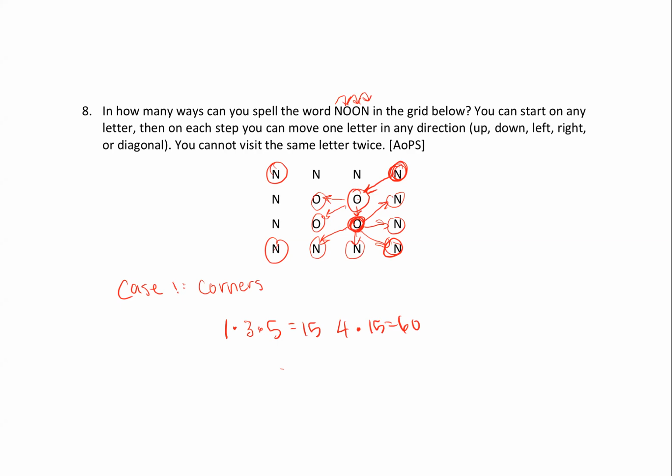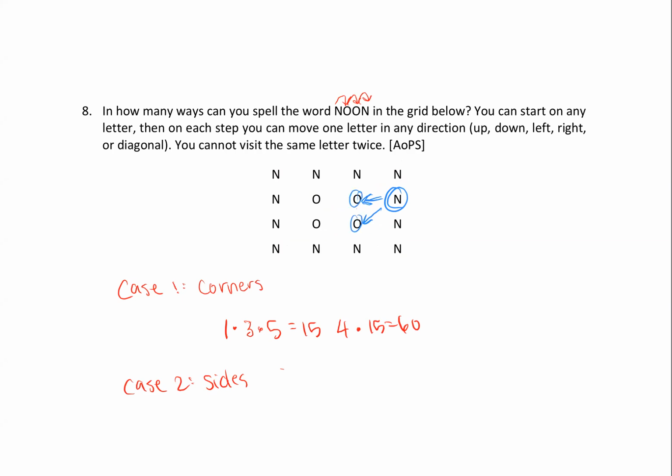Okay, and then for case 2, we have the sides. Let's use a different color. Let's say that we start on this N, right? When we want to go to an O, we can either go this way, which is horizontally, or we can go here, which is diagonally.